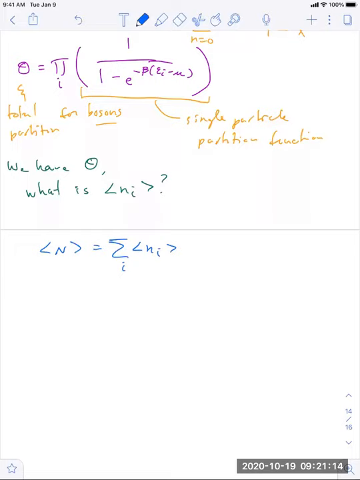So again, to transition from stat mech to thermo, we need to take some partial derivatives of the log of the partition function with respect to some conjugate. In this case, we write the average number of particles in the entire system in terms of the partial derivative of the log of our partition function with respect to the chemical potential mu.